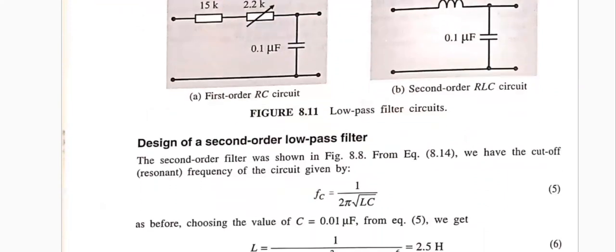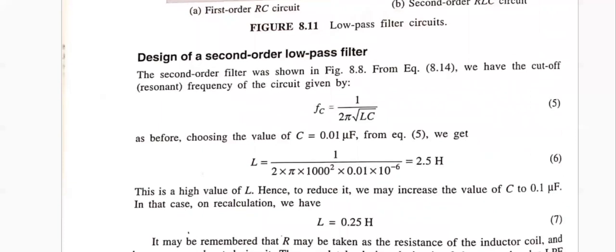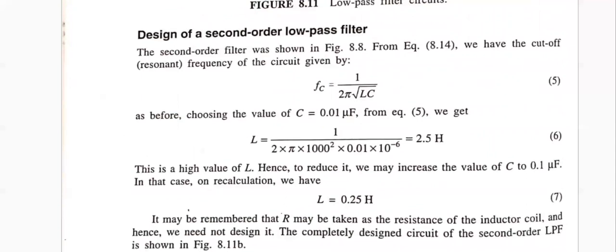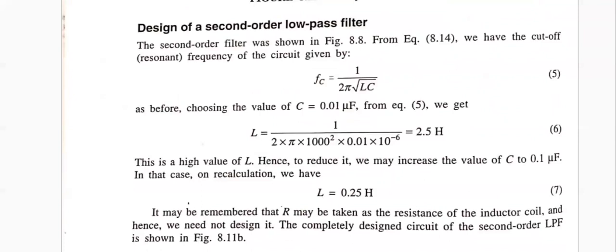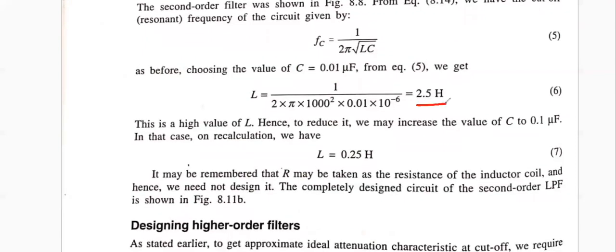For the second order filter, with the same cutoff frequency of 1 kilohertz, this is the formula we have already developed. From there we have two components, L and C. As we mentioned, you can choose any value of C which is available in the market, and after that you can choose the value of L. However, we need to think about the value of L as well.